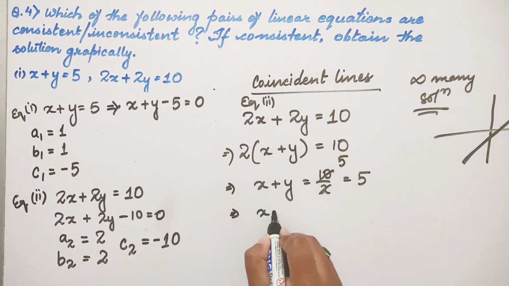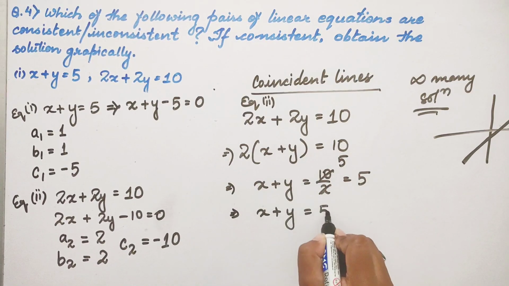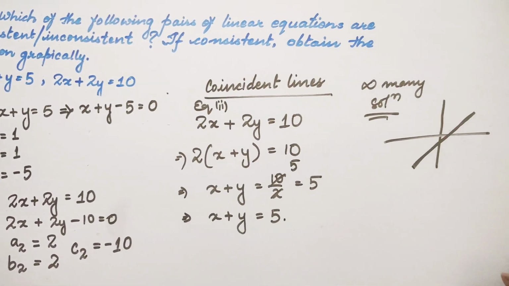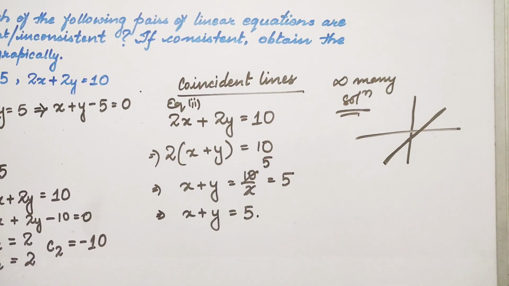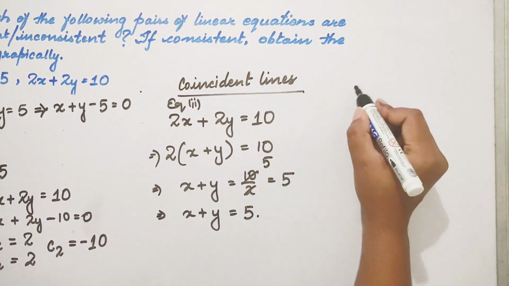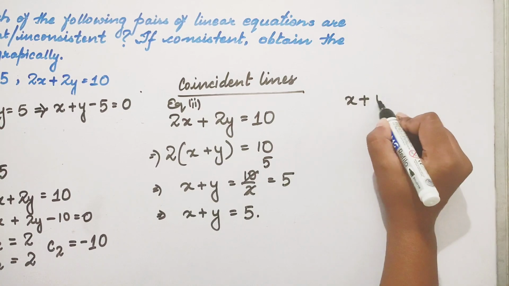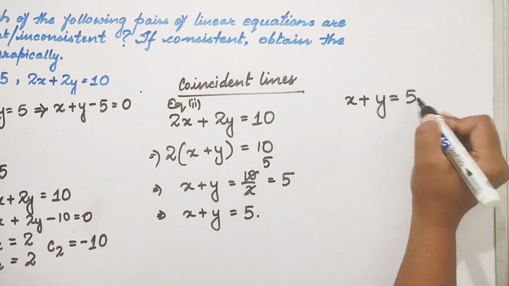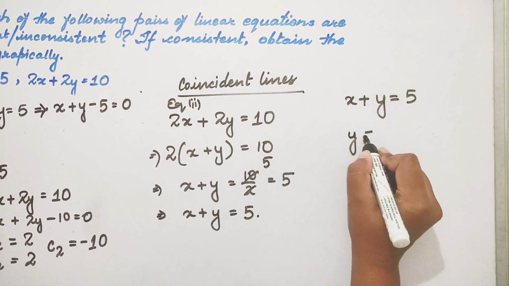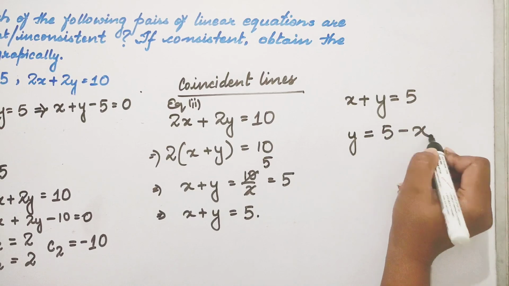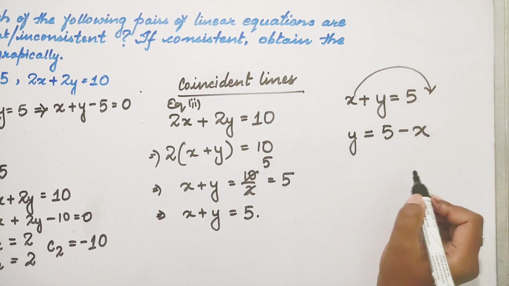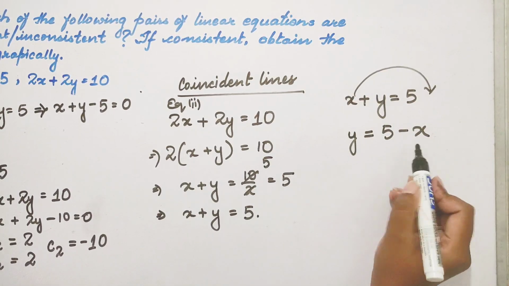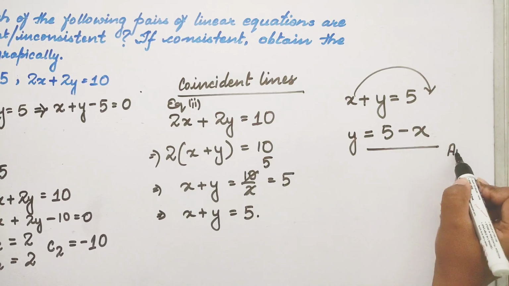So we got x plus y equals 5. Since both the equations are the same, we can directly find the solution. That is, y equals 5 minus x. x will move to the right hand side. y equals 5 minus x, and this is the answer.